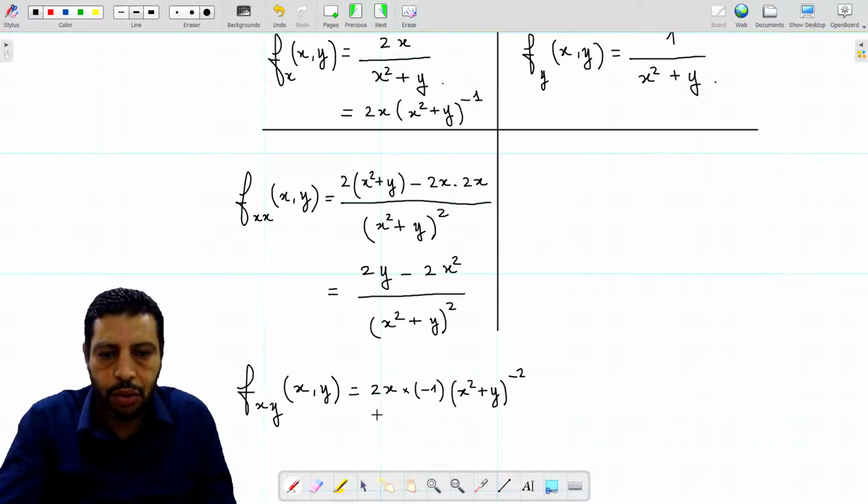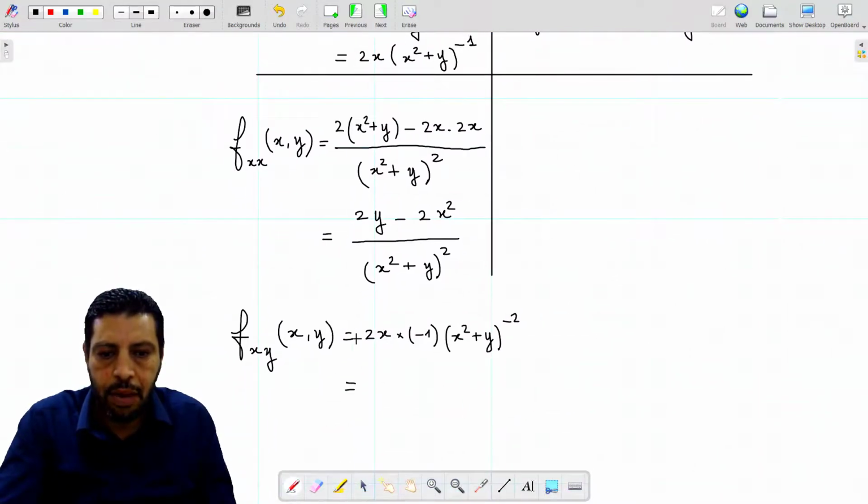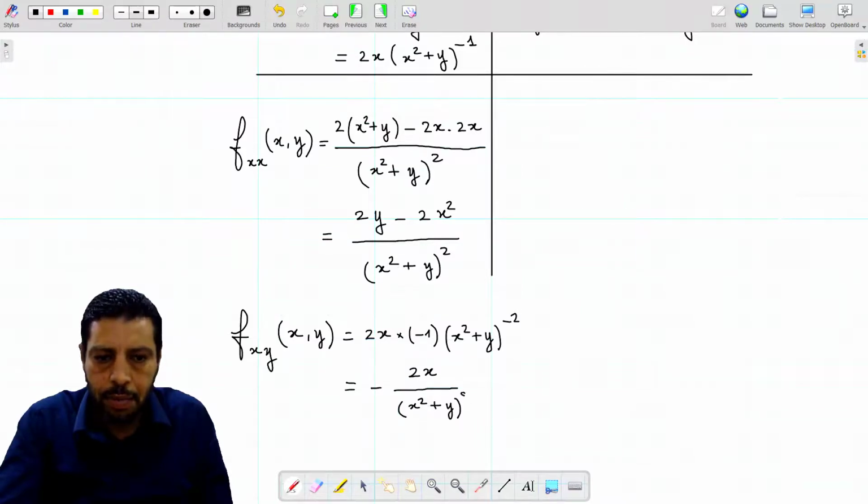Okay, so you don't need to take this derivative using the quotient rule. You can do it using the power rule. So if you want to write it in a more familiar form, we can write it as -2x over x squared plus y to the power of 2. Okay.